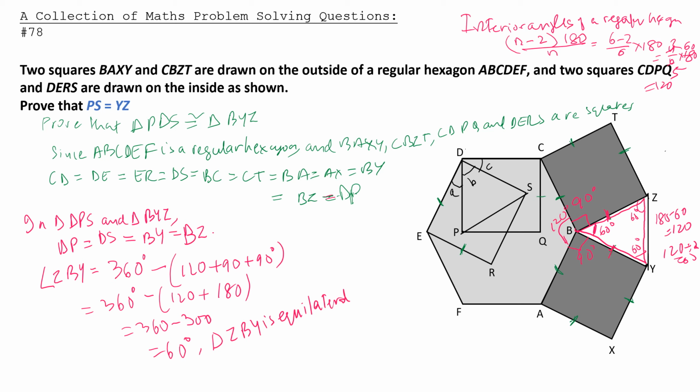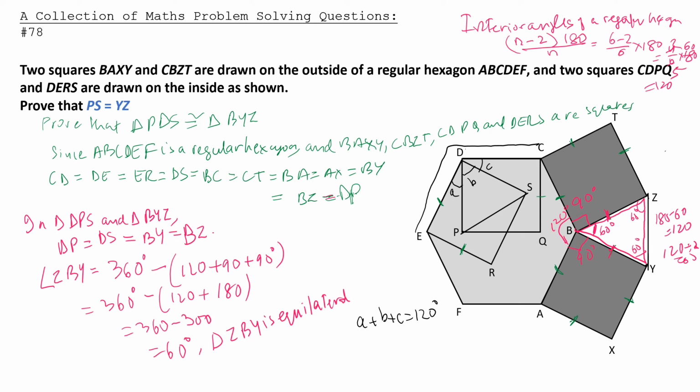Since we know the interior angles of a hexagon are 120 degrees, we can write that A plus B plus C equals 120 degrees, because angle EDC is the interior angle of the hexagon.